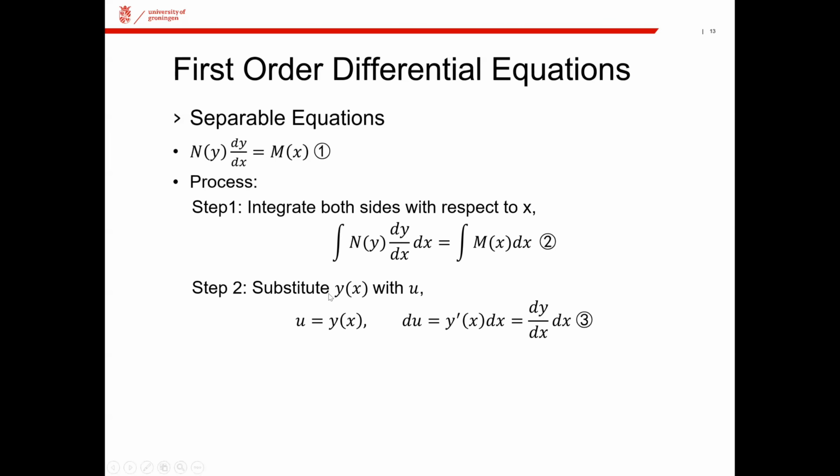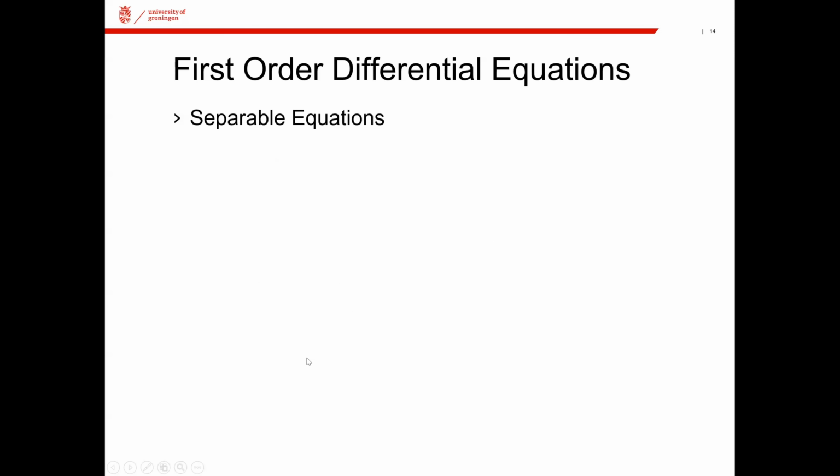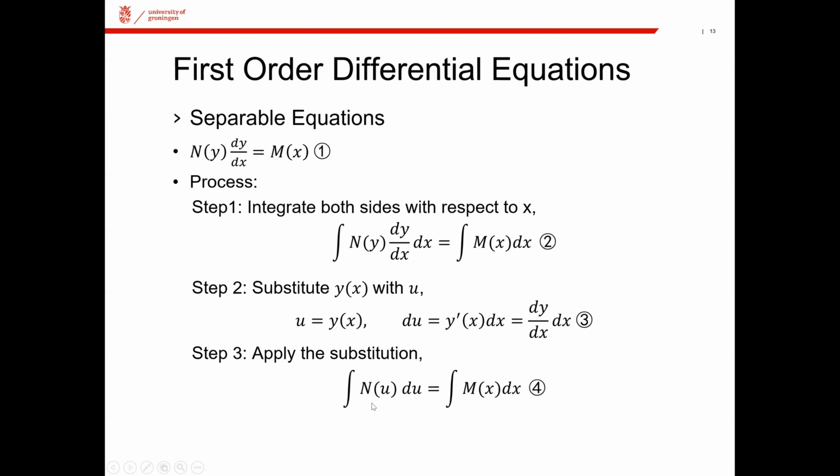So the left side will be the integration of N(u) times du. So after the substitution, we have the fourth equation here. And what's left to do is solve the integration on both sides. And then we will have the general solution of u equals a function of x. And then we substitute u with y again. And then we have the general solution of y equals a function of x.